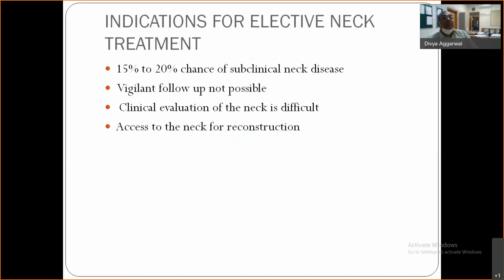Suppose you are doing a laryngectomy or any such procedure in which you are going to do a neck dissection anyway, then you can combine an elective neck dissection along with this, and it also provides access to the neck for reconstruction.